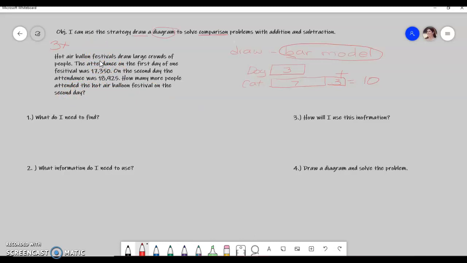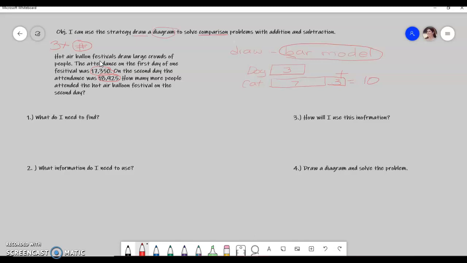Now, the second read, we're going to be circling all of the numbers. Hot air balloon festivals draw large crowds of people. The attendance on the first day of one festival was 17,350. On the second day, the attendance was 18,925.